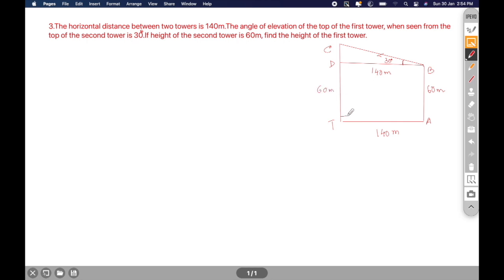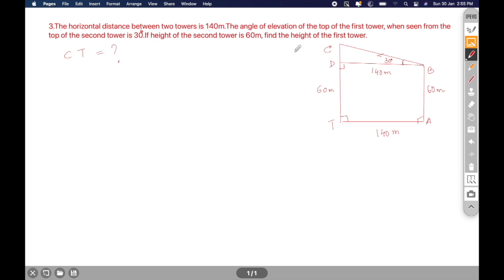As this angle T is 90 degree, angle A is 90 degree, also angle D over here, that is angle TDB, equal to 90 degree. So we can consider DTAB to be a rectangle, and the opposite sides of the rectangle are equal, so equal measurement for the opposite sides. Now we have to find the height of the first tower, that is we have to find CT.